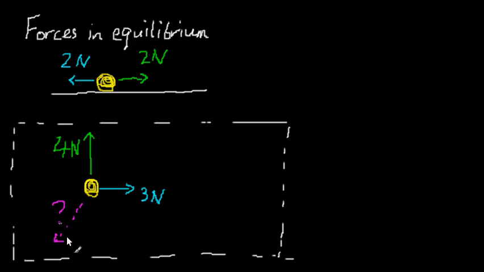If we actually get a ball and try this out, I'm sure we can find another friend to balance the ball. But what we want to do is to work out a way to actually calculate the magnitude of this force and its direction. How can we do that?